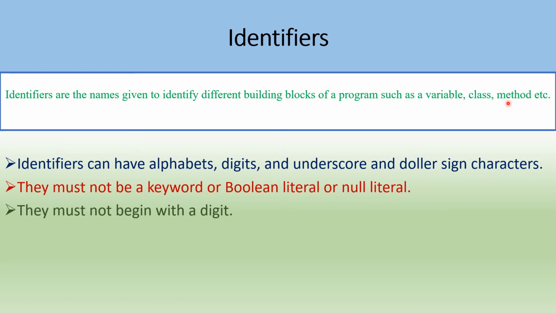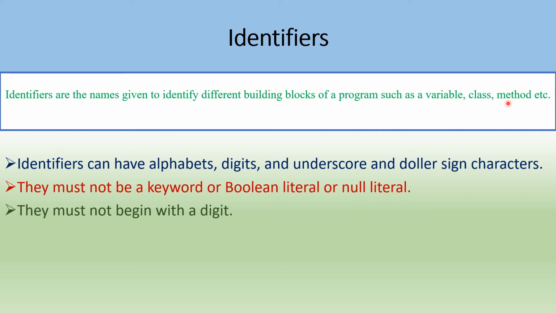Next rule is they must not begin with a digit. In the first rule I told you identifiers can have alphabets, digits, underscore and dollar sign, but it should not start with a digit. You can use digits in the name of an identifier, but the name should not start with a digit.